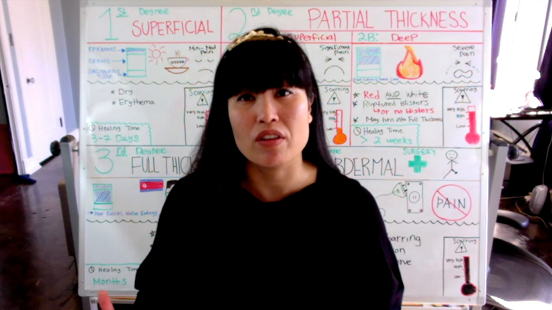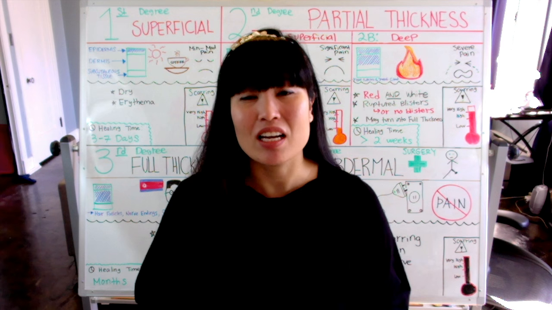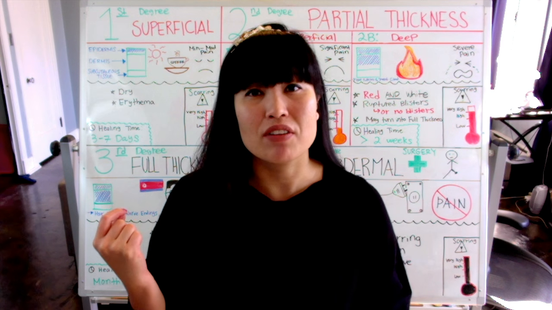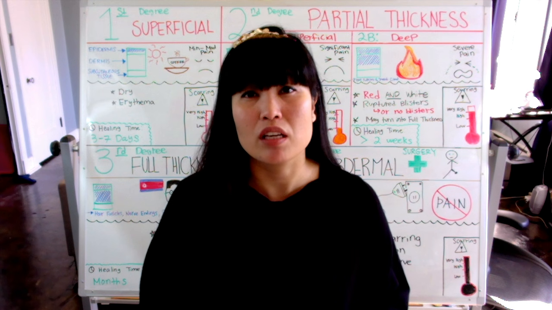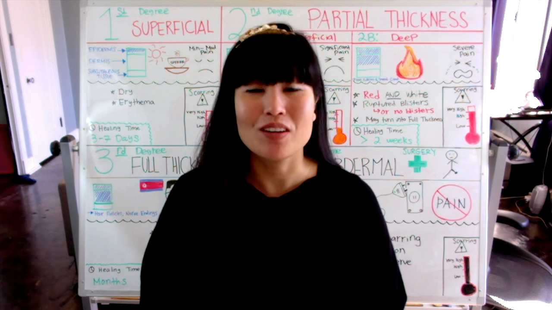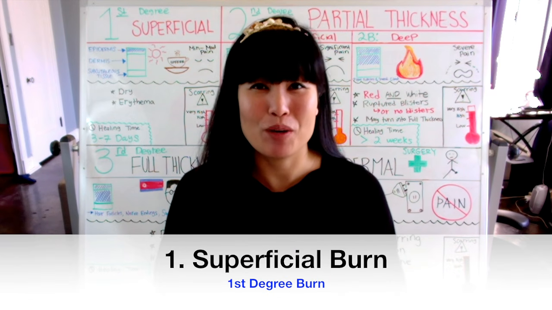I'm just going to go over the 4 because that's what I study. That's what you need to understand. But I decided to include both of those classifications because you'll still hear both of them being used interchangeably in the clinical setting. Okay? All right, so let's start with the superficial burn.